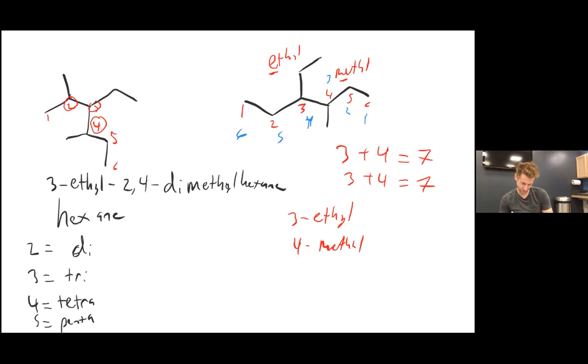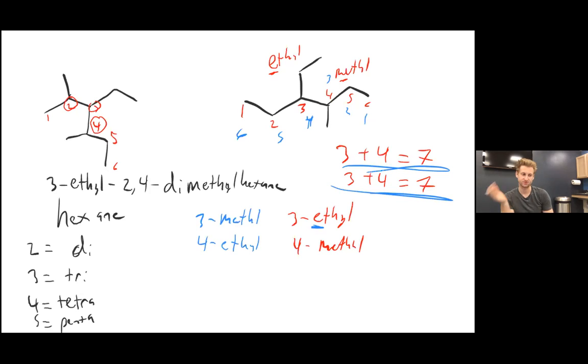Versus having, if we did this the blue way, it would be 3-methyl, 4-ethyl. So we want the one that comes first in the alphabet to be the one that has the lower number when our substituents add up to the same amount. So these are kind of rules on when you hit the same thing, and then these rules start applying.